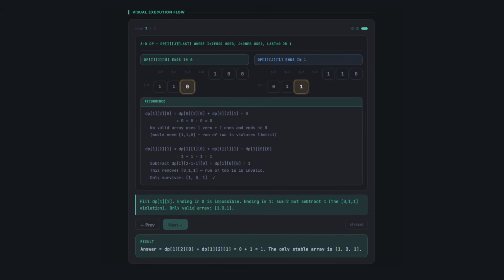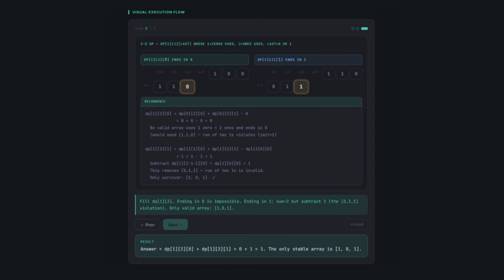Next, we fill the state where i equals 1 and j equals 2. First, we try to end the array with 0. dp[1][2][0] equals dp[0][2][0] plus dp[0][2][1]. Both of those are 0, so the result is 0. There is no valid array using one 0 and two 1s that ends in 0. Now we compute the state that ends in 1. dp[1][2][1] equals dp[1][1][0] plus dp[1][1][1] minus dp[1][0][0].